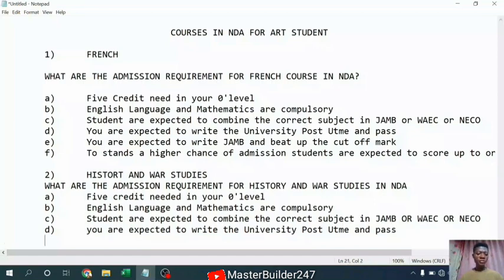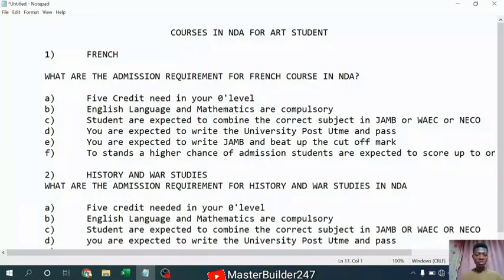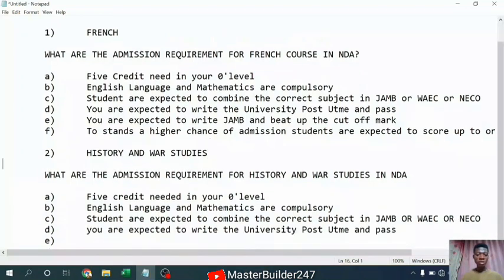And the E aspect of it is that for you to be eligible to apply for history. Oh, I see a typo here. For you to be able to apply for history and world studies in NDA, the criteria that you need to have is what I've just listed. So on your own, you can go through it by yourself.